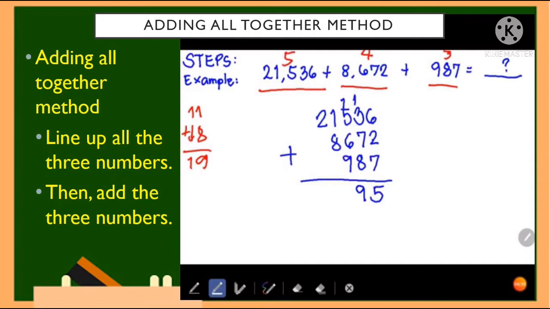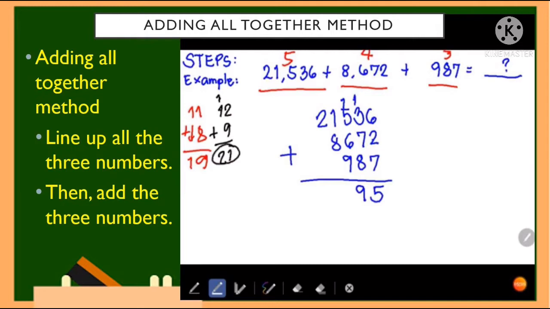And then 12 plus 9. Alright, I will help you here. 2 plus 9 is 11. Correct? I will put 1 up here. 1 plus 1 is 2.